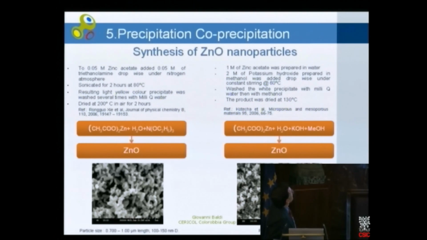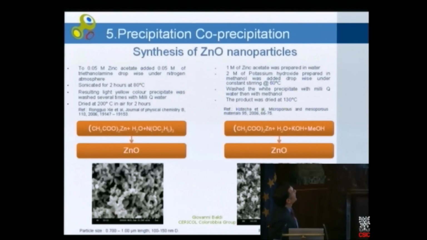The triethanolamine is added dropwise under nitrogen atmosphere, then it was sonicated for 2 hours at 80 degrees, and the resulting light yellow precipitate was washed several times and then dried. And these are the results: nanorods, not so nano, but rods of zinc oxide.